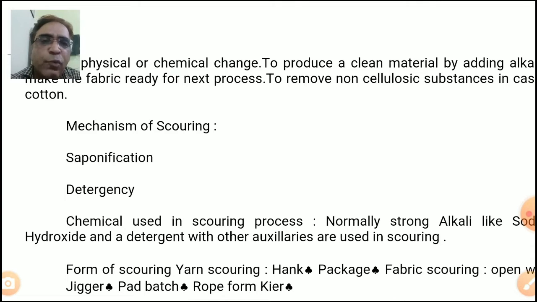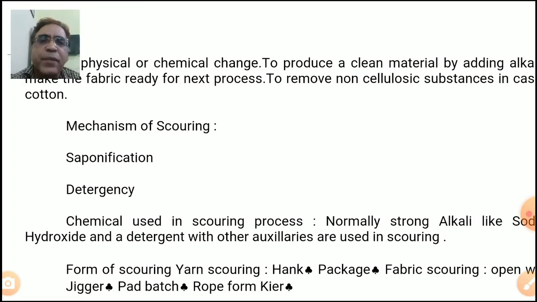So they can deposit again on the fabric, so what do we need to do to remove them? We will need a detergent which will not allow those impurities to come back onto the fabric. So detergent is that auxiliary chemical which stops the deposition of the oils on the fabric again. So saponification, emulsification and detergency. These three steps, you can say three sequential steps, are carried out in the scouring process.